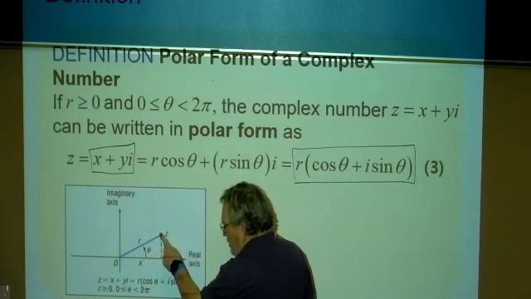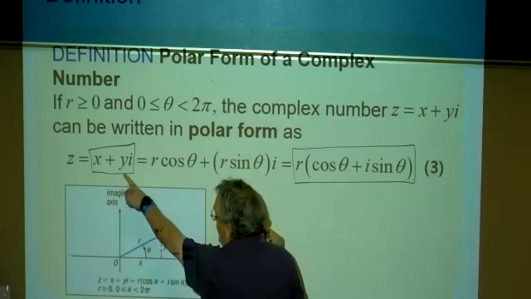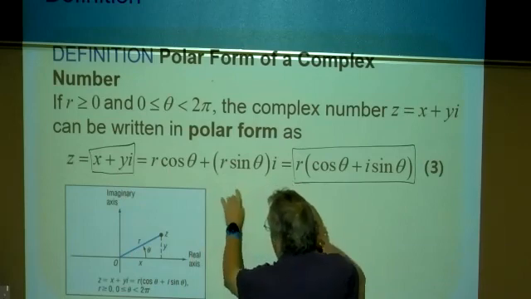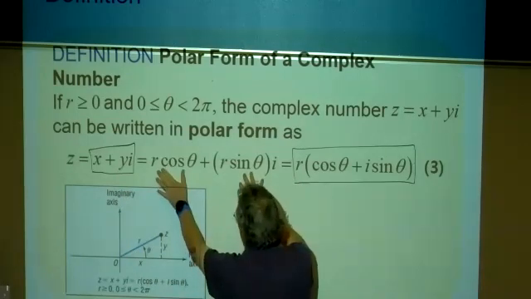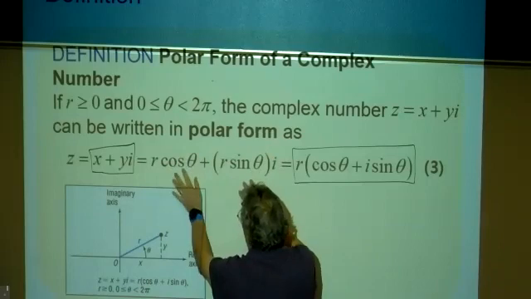But the polar coordinates, I mean the rectangular point coordinates for this point are r cosine theta, comma, r sine theta. And then you just write it in that form, which is what they did here, where this is the x and this is the y.